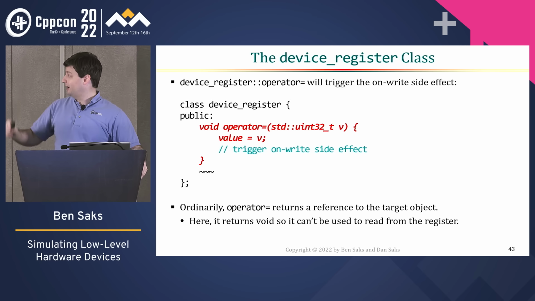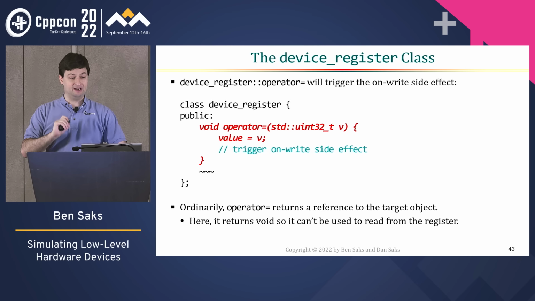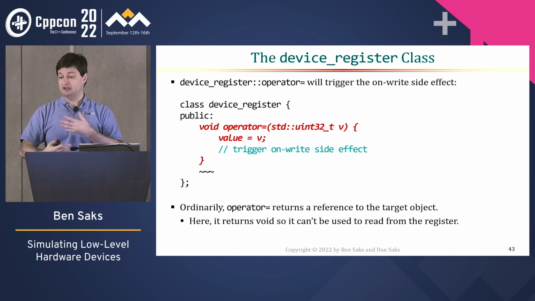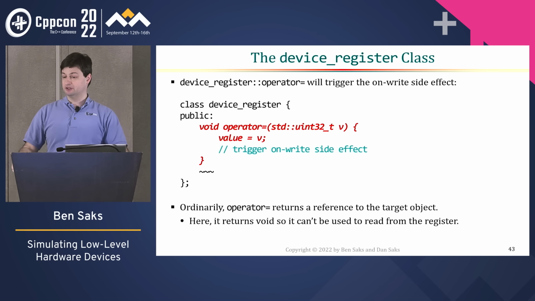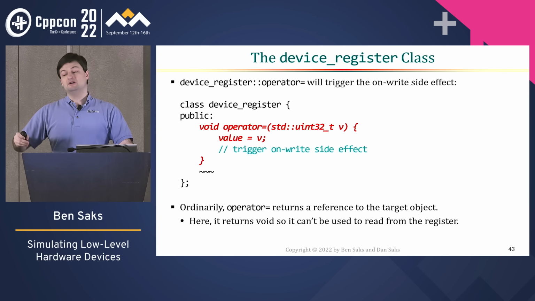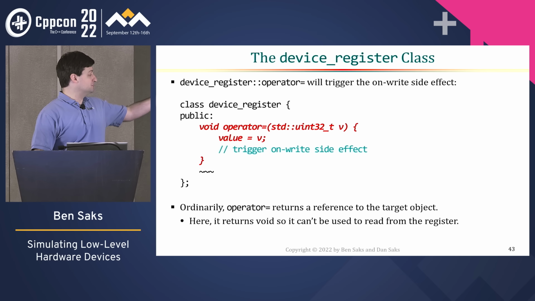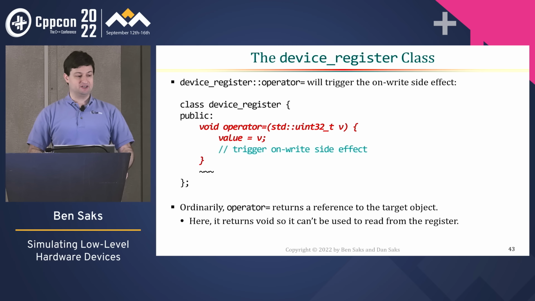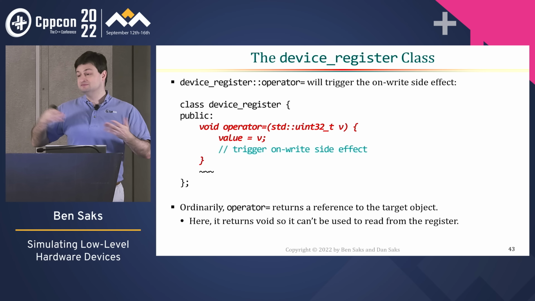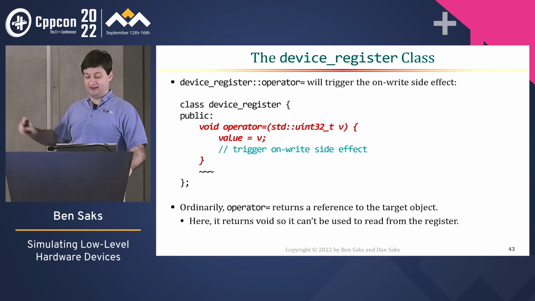I've chosen to make this version of the function return void instead. Usually, I think it's a good idea to mimic the behavior of the built-in operators as closely as possible. But if we did that here, we'd be able to use this function for reading from the device register as well, and I didn't want to get into that complication. So here I had it return void.